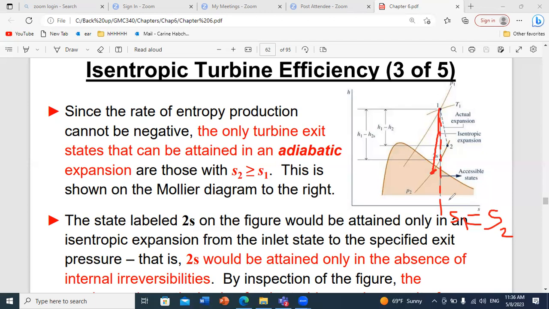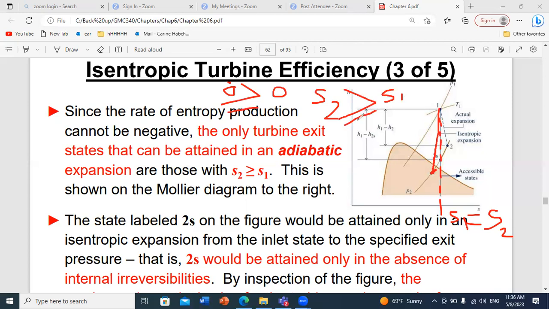And because we have demonstrated that sigma dot should be positive or equal to 0, and it's equal for reversible and positive for irreversible, if you have an irreversible case, s2 should be larger than s1. And if you have a reversible case, it should be just equal to s1.